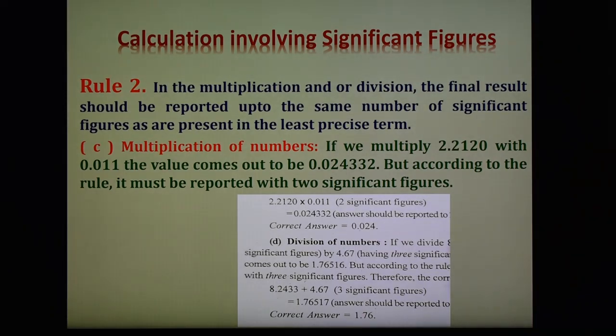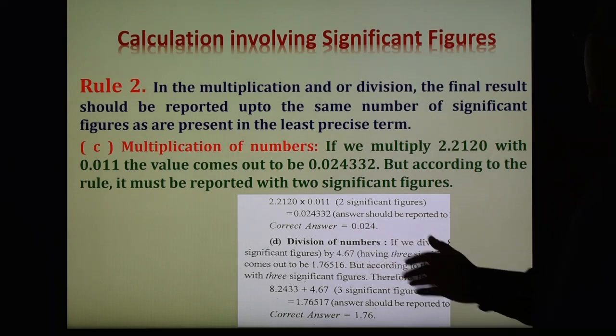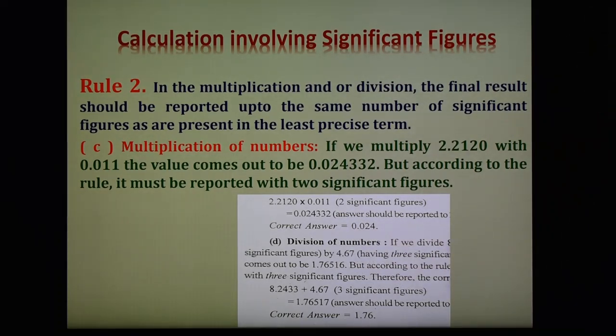In this way, similarly in case of division, if we divide the numbers, in a similar way we have to report up to the minimum number of significant figures. If we divide 8.2433 by 4.67, the result comes out to be 1.76516.